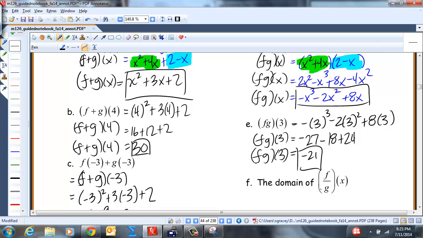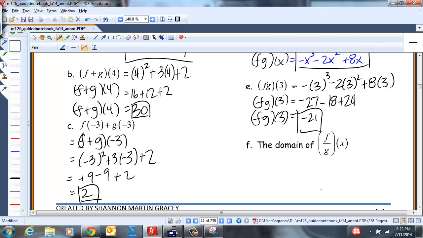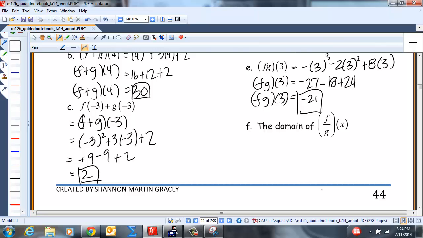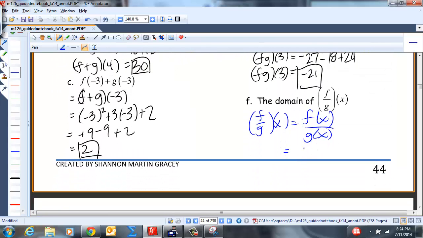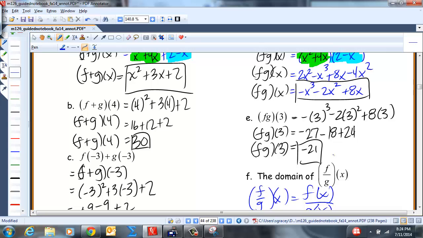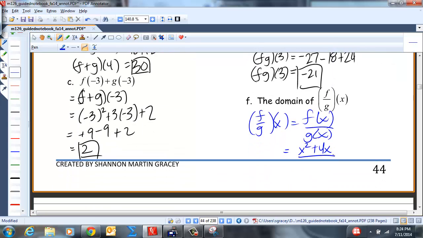Okay, now we are asked to find the domain of f divided by g at x. So why don't we see what the function looks like, right? So here, f over g at x is going to be f at x divided by g at x, which is f at x was our, looking back up here, x squared plus 4x, and g at x was 2 minus x.